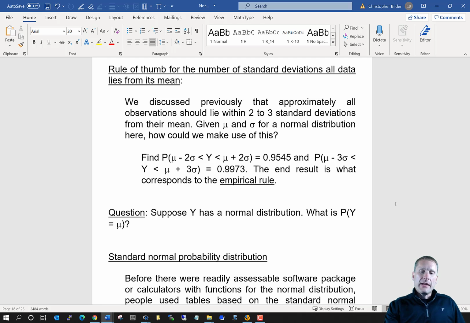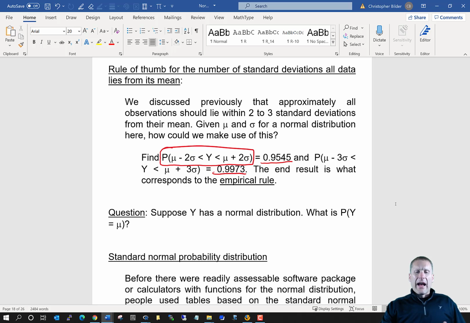For a normal distribution with any mean, I don't care what it is, with any standard deviation greater than 0, one can show for a normal distribution that this probability is 0.95. So this is a very high probability of being within 2 standard deviations of the mean. If you go to 3 standard deviations, wow, look at that, 0.9973. That's pretty remarkable. This is what's referred to as the empirical rule.